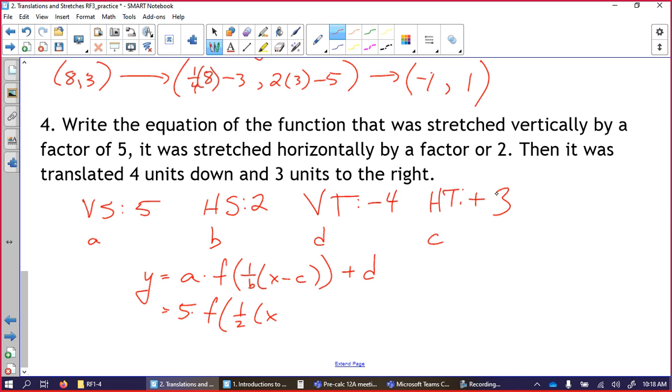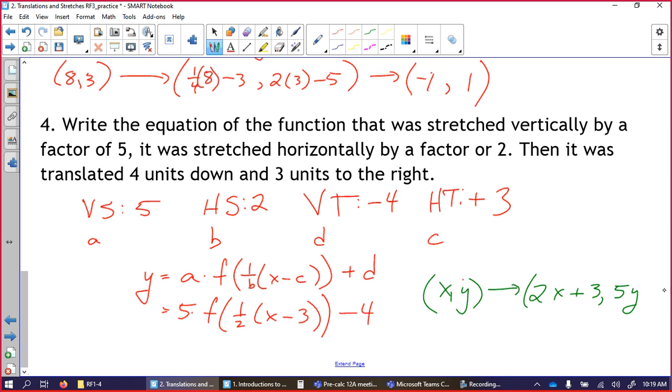Positive 3, so x subtract 3 is that, minus 4. Write an equation. We could also do, just for fun, a mapping rule. Well, my b is 2. 2x. This is translated right, so it becomes plus 3. 5y minus 4. Those are the things we need to be familiar with.